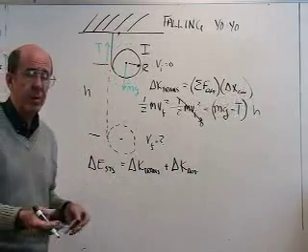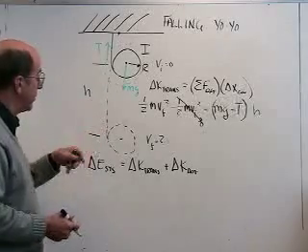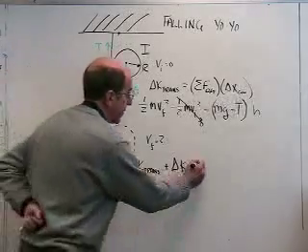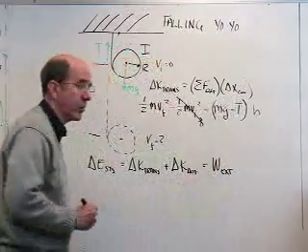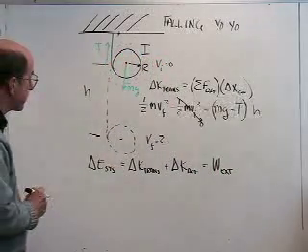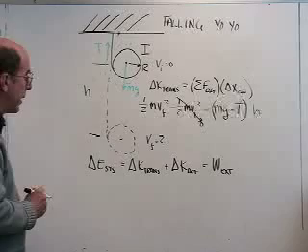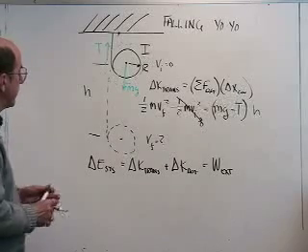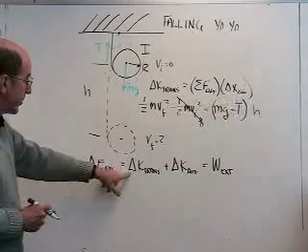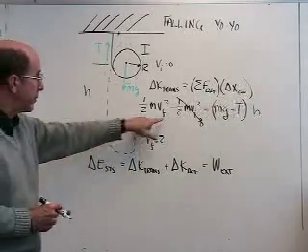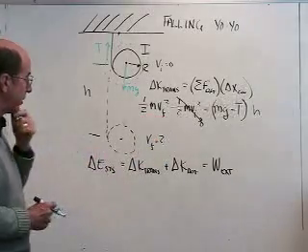We're assuming that there's no other energies involved in this. And that has to be equal to the total work done by external forces on the system. Okay. Well, this is going to be the 1/2 m v final squared minus 1/2 m v initial squared.